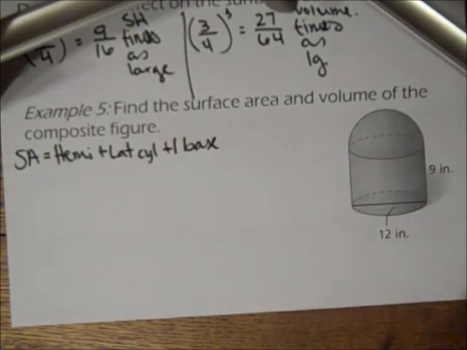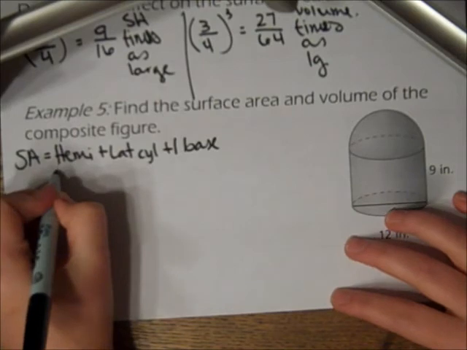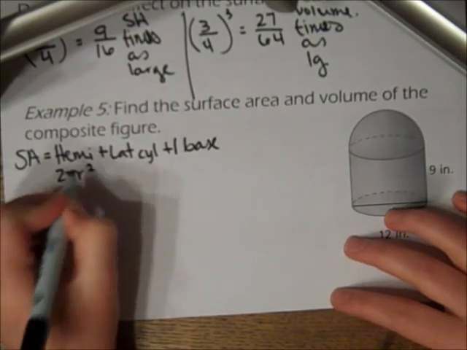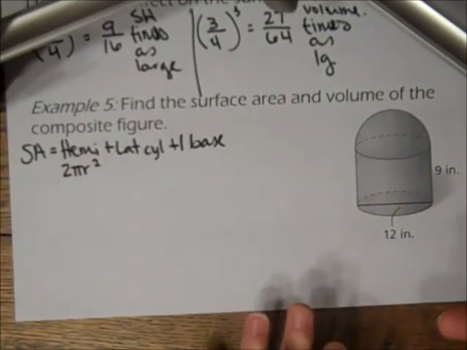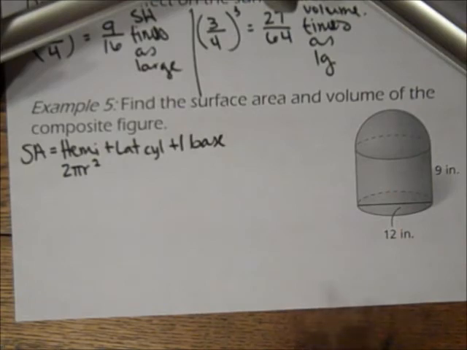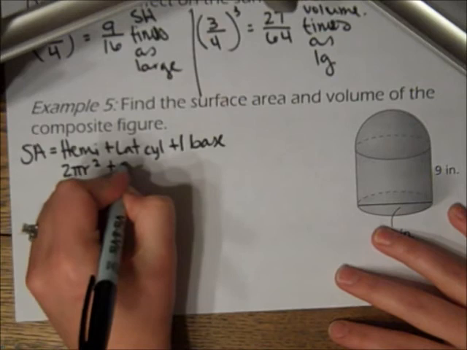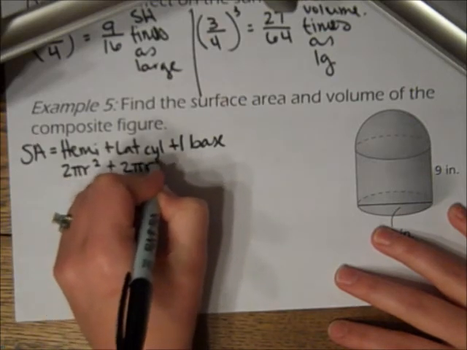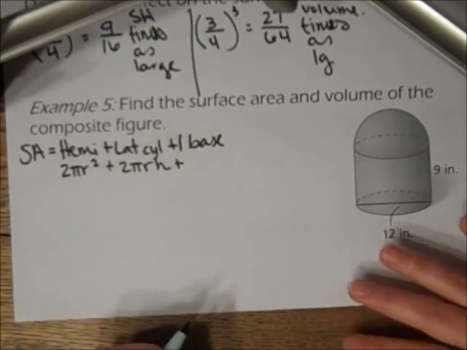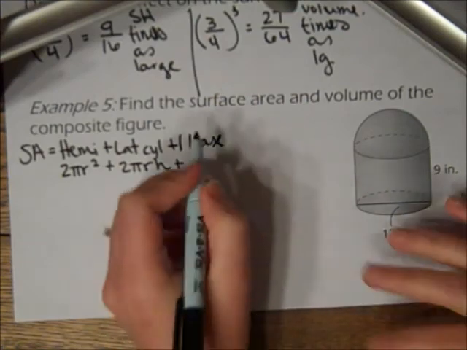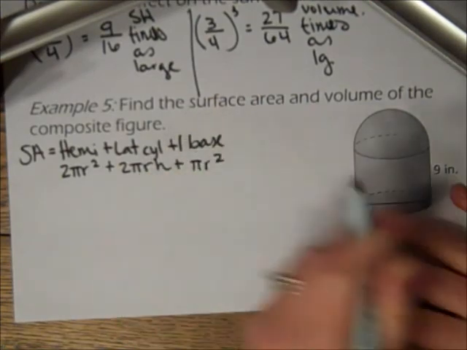That can help me figure out what my formula will be. For the hemisphere, this is going to be 2 pi r squared, because remember the formula for surface area is 4 pi r squared, so I only need half of that. Lateral of a cylinder is 2 pi r h. And then the one base is a circle, so that would be pi r squared.